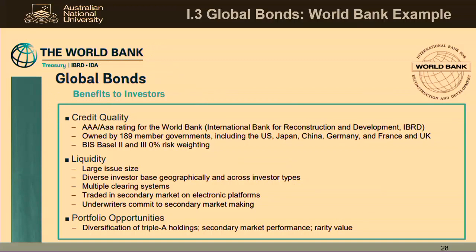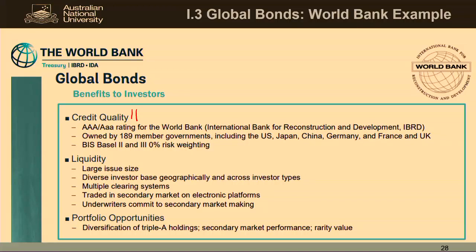So this tells very much about why issuers want to issue bonds as big as this, and why investors would want to invest in a bond as big as this, right? So for the issuer, the credit quality is very good. Typically the default probability for the World Bank is probably better than any single national government.